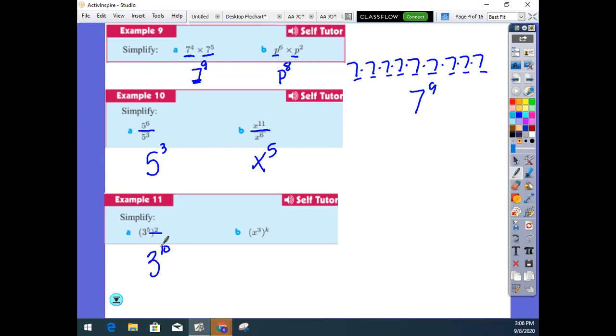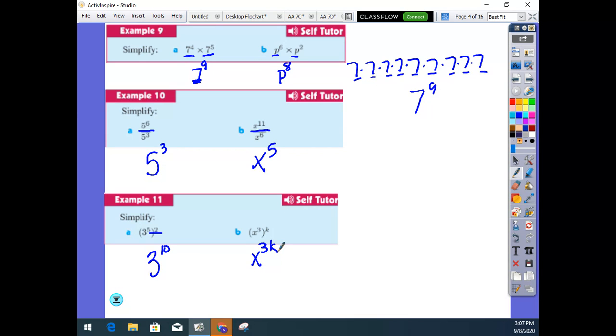And notice I don't simplify the exponents. I leave it as a base raised to the exponent. That's good enough. And just pay attention. They might say, write without an exponent, then you'd have to simplify. But this is never going to be true. Keep the base, multiply the exponents.